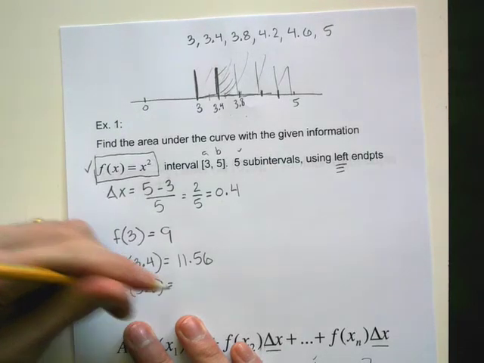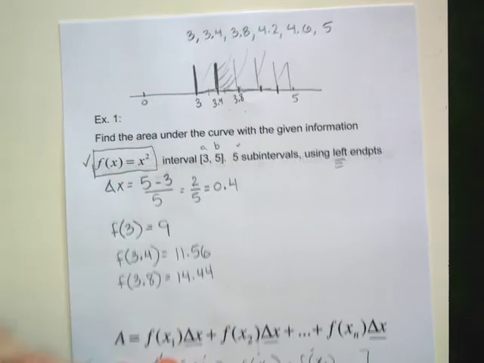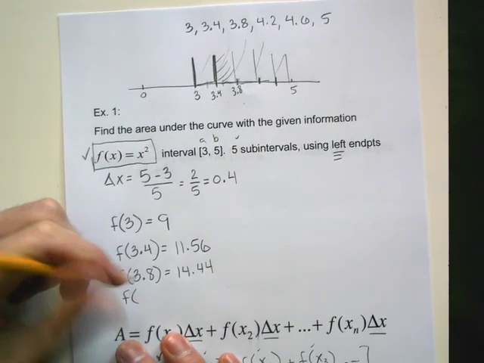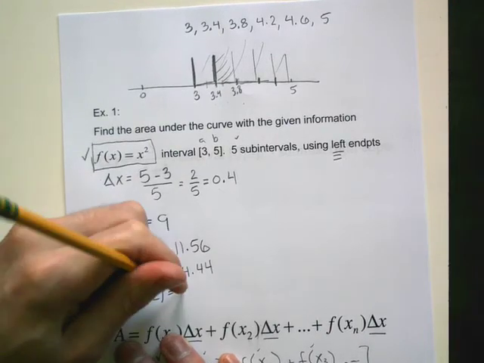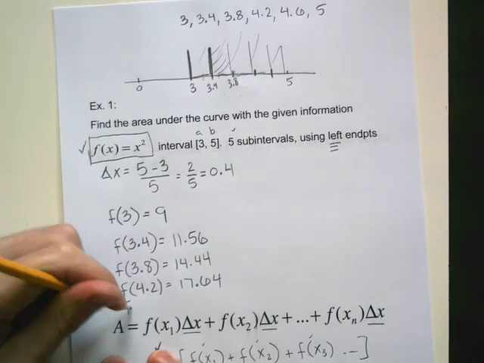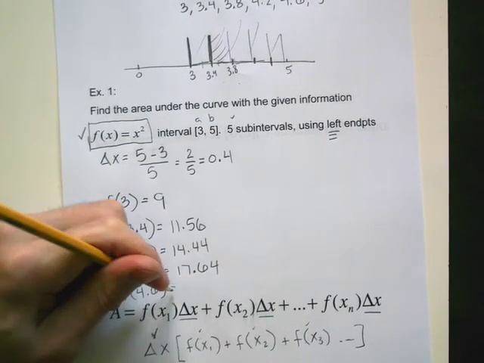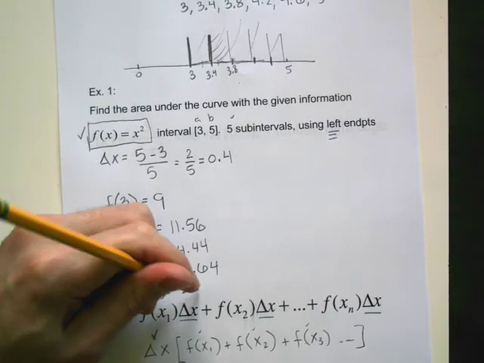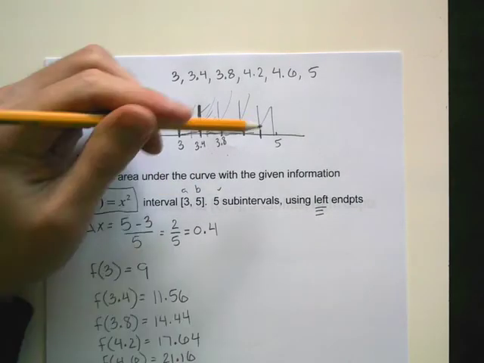If I square that, it comes out to 14.44. f of 4.2 is going to be 17.64. And f of 4.6, when I square that, is 21.16.